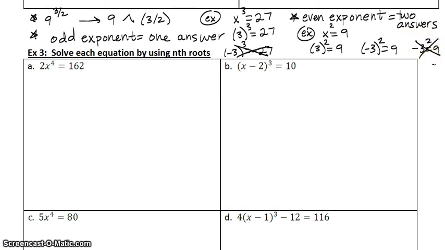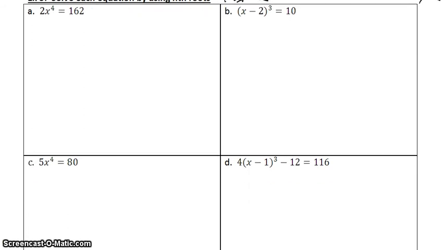Alright, example 3. We're going to use this fact about roots that we talked about just a little bit earlier to solve some equations. So, flashback again to geometry 2. What I want to do is get my x term by itself, and then I'm going to take some sort of root to get rid of the power. So in this situation, I am going to divide both sides by 2.